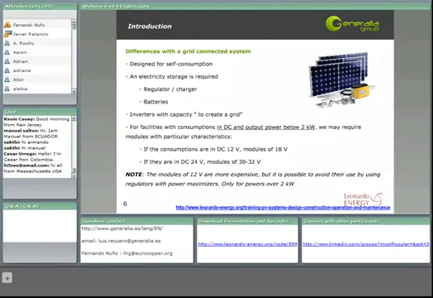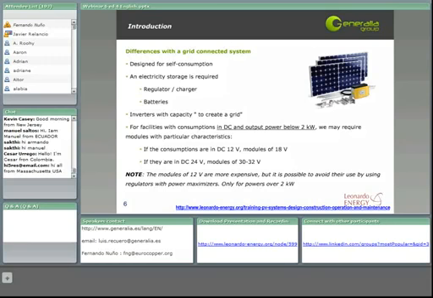So this means even when there is no sunlight, we have to supply energy. In order to do this, we need to introduce two new types of devices, which are the regulator or charger, depending on the type of installation, and the batteries. We will talk about them later.